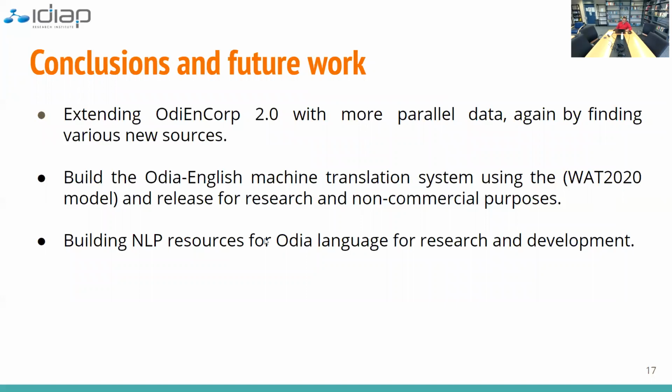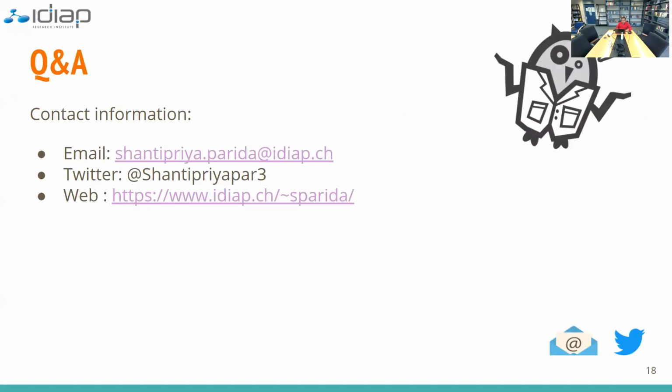We are also in the process of building many NLP resources currently, and in future we are planning to release them for researchers. If anybody is interested in collaboration, they are also welcome. And for any questions, you can mail me.